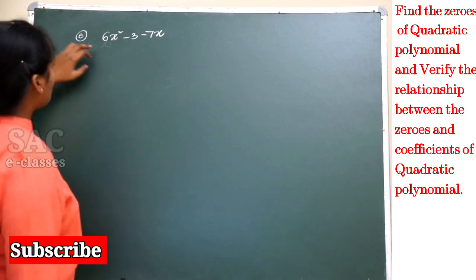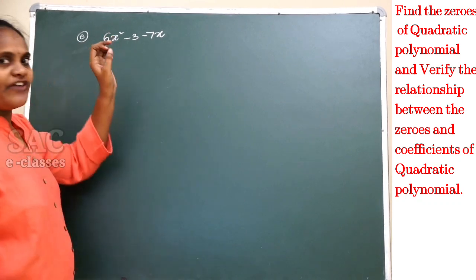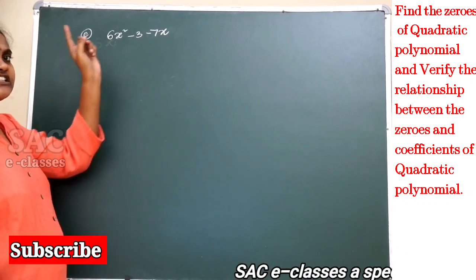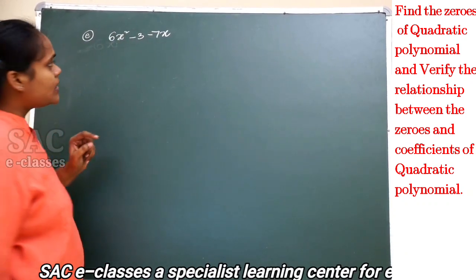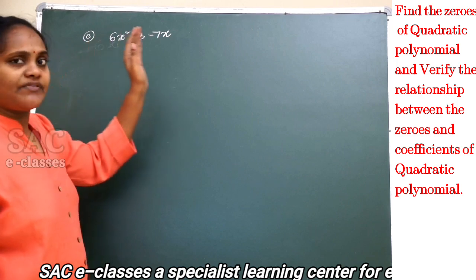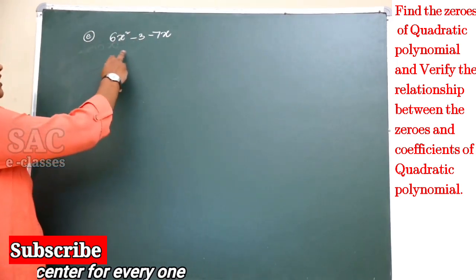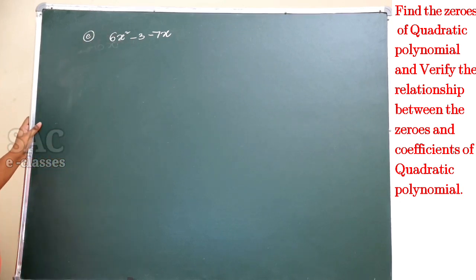In the previous model we have discussed whenever the linear term is absent or the constant term is missing. Now, whenever they have given a complete quadratic polynomial, you have to observe whether it is in standard form or not.